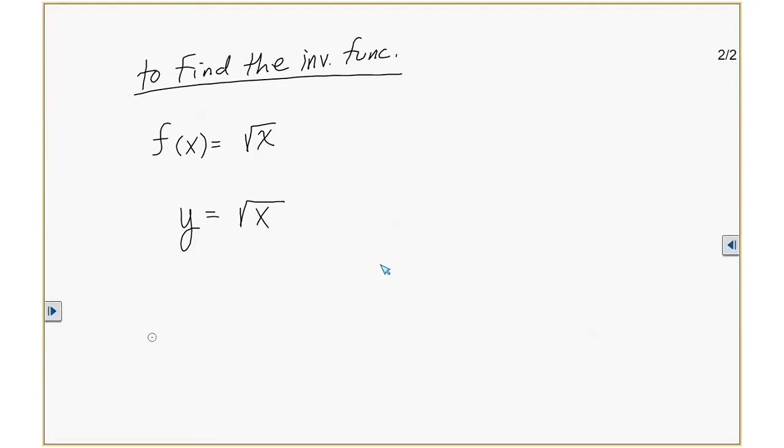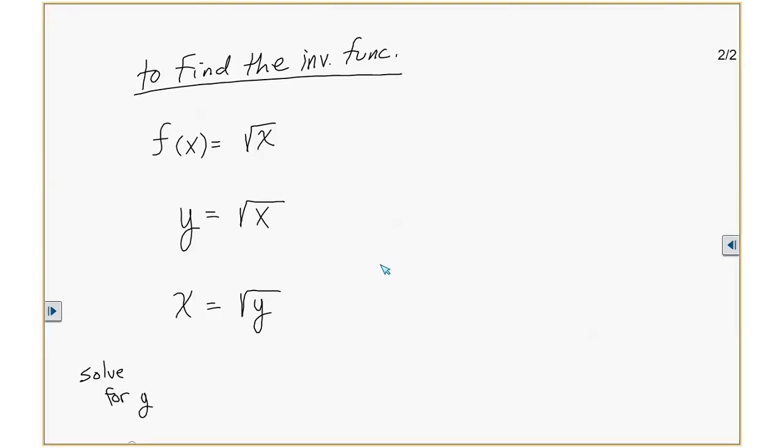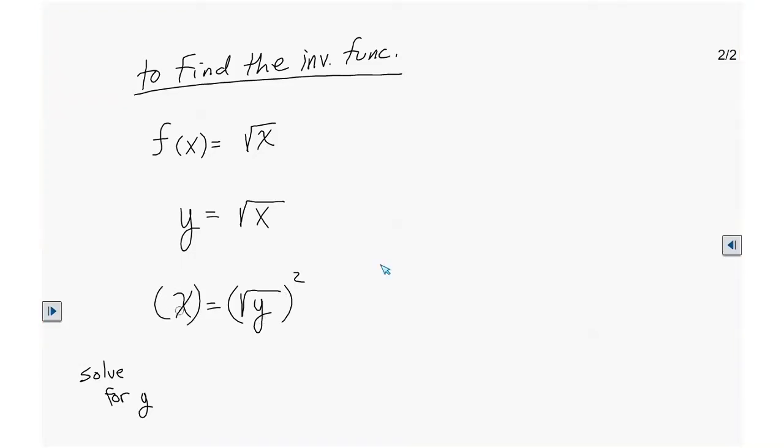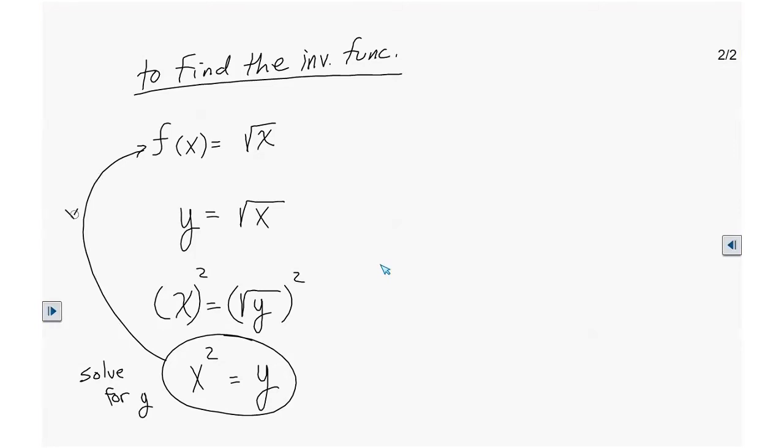So we'll put an x over here. X is equal to the square root of y. And then solve for y. So how do you get rid of this? Square both sides. So y is equal to x squared. And that is the inverse of that.